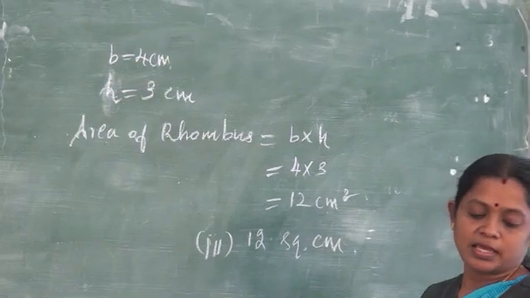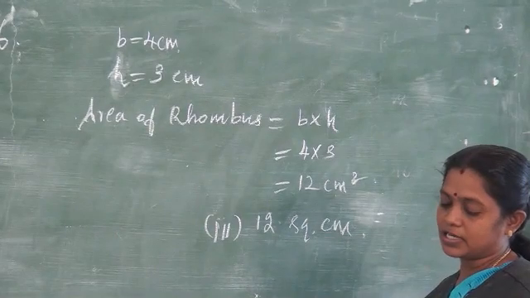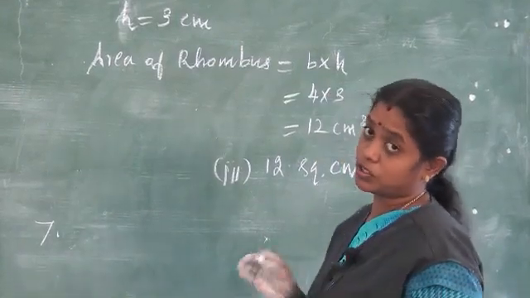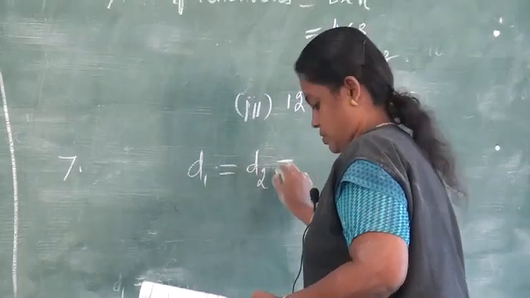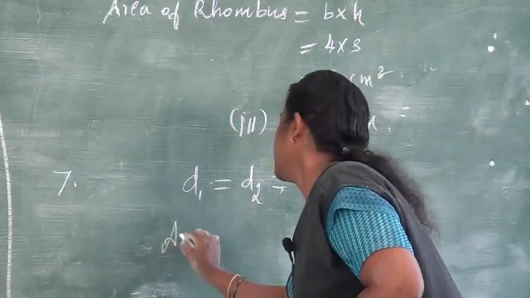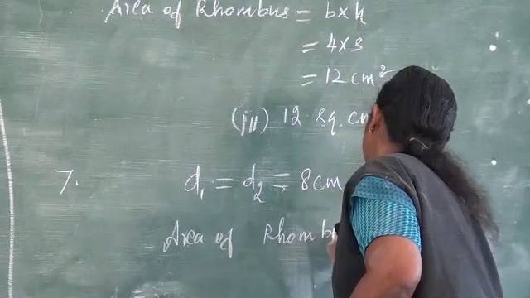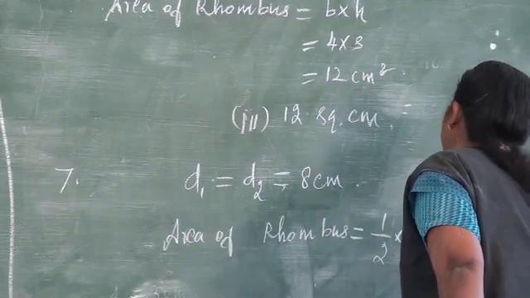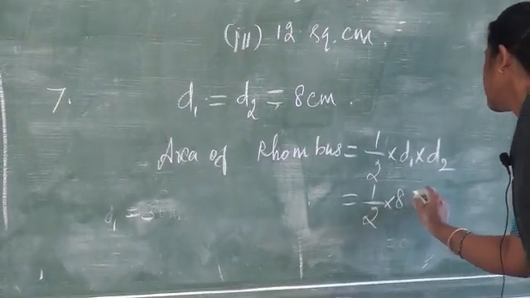And the seventh one, the area of the rhombus when both diagonals measure 8 centimeter. Both diagonals also 8 centimeter, that means both diagonals are equal. So D1 equal to D2 equal to 8 centimeter. What's the formula we have to use here? Area of a rhombus equal to half into D1 into D2, that is equal to half into 8 into 8.